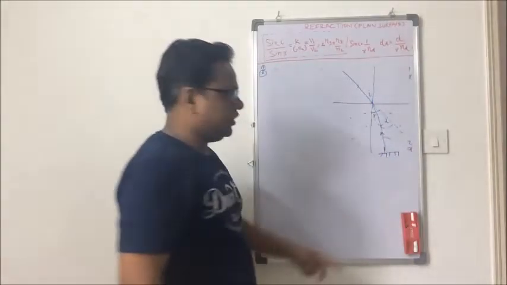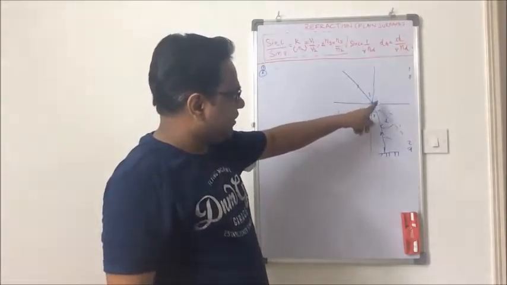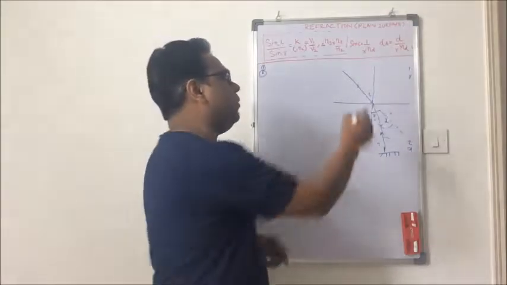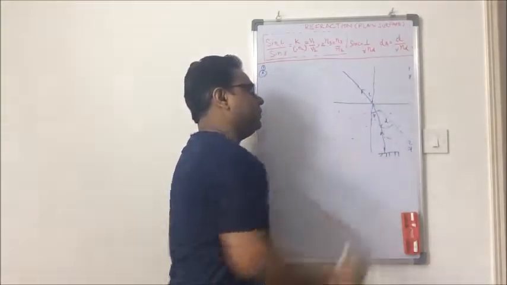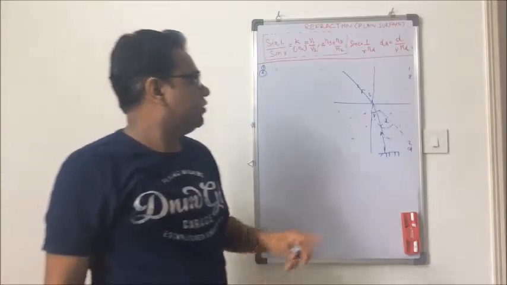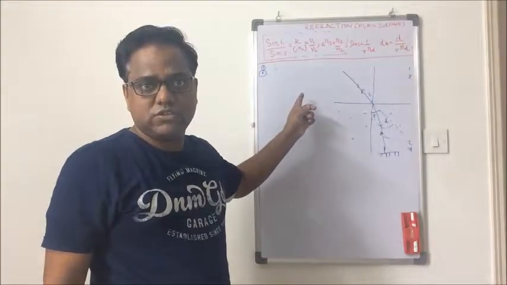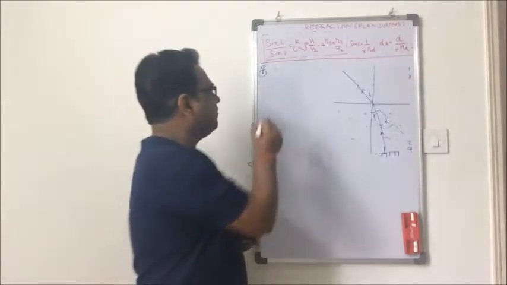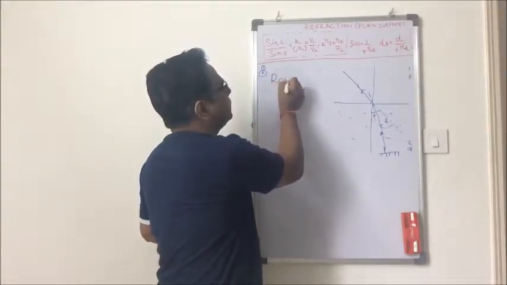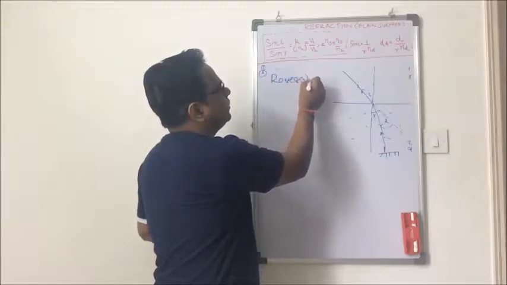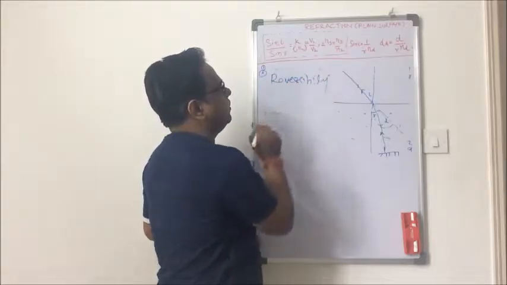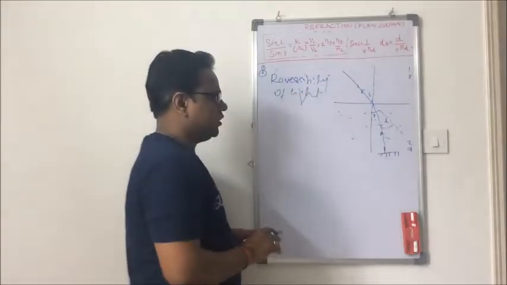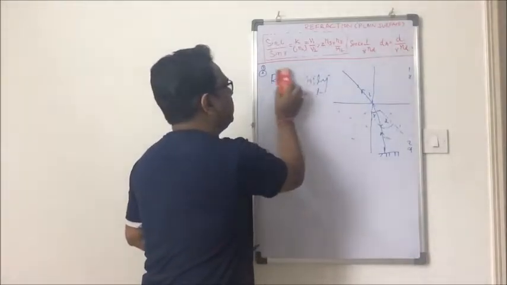It will take its own path, and when it hits back at this point, it will go again following the same path it has taken while entering into the medium. This is called reversibility of light. And you can prove that.